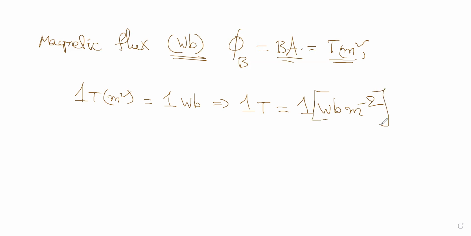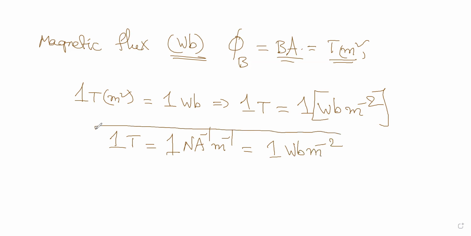This is the connecting unit. 1 Tesla is 1 Newton ampere inverse meter inverse, that is 1 Weber meter power minus 2. Hence this is the one you have to note. Please change what I told earlier. These are the things you have to connect.